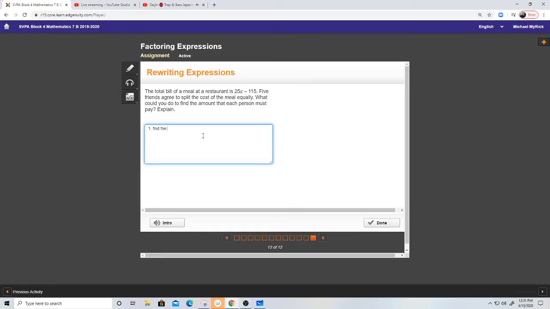1, find the GCF. 2, divide by that amount. 3, rewrite in fraction form. I don't know, rewrite with parens. 4, test it.